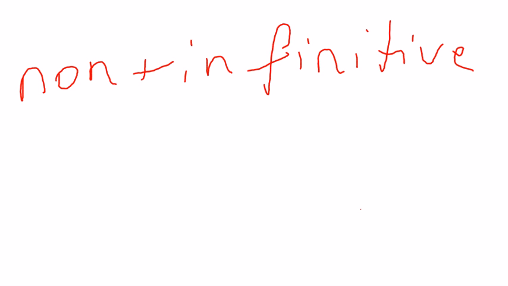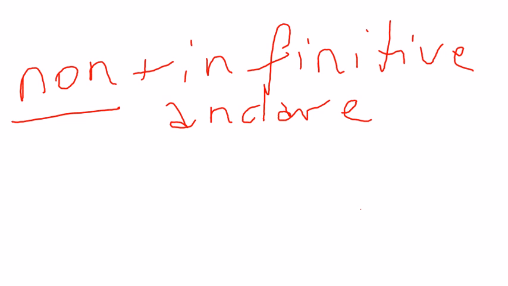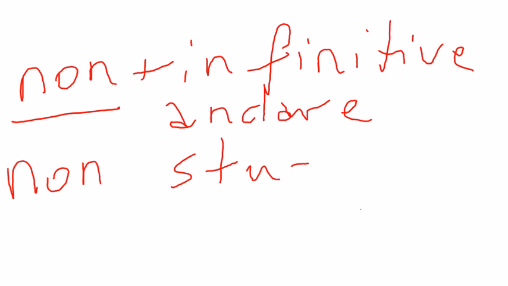Let's use the verb to go, andare. If I want to tell somebody in front of me, do not go, I just need to say, Jonathan, non andare. If I want to say to just one person in front of me, do not study, I would just say, non studiare.